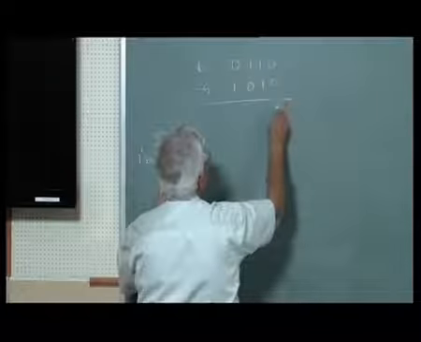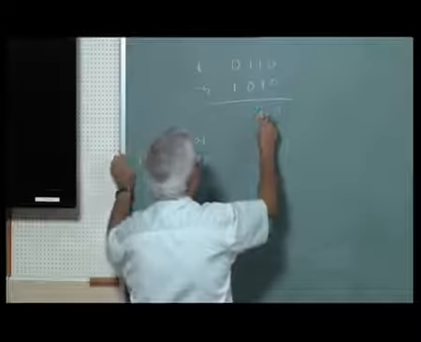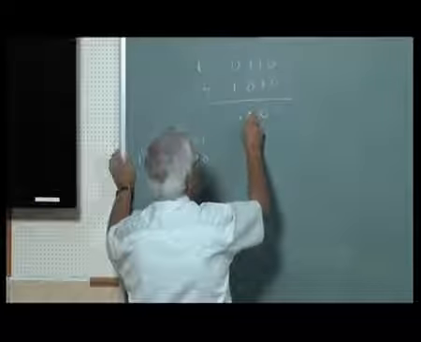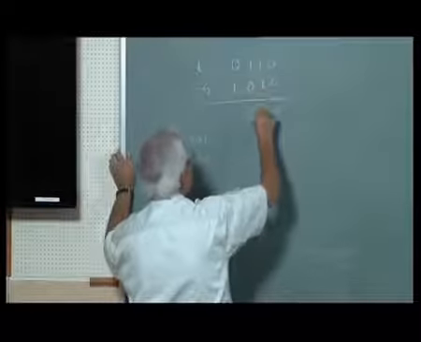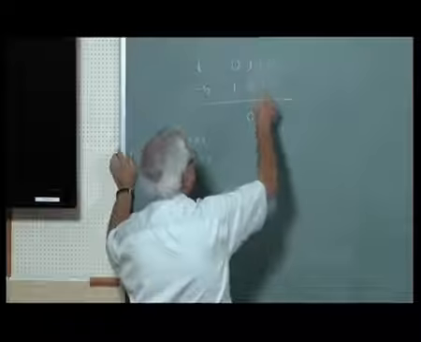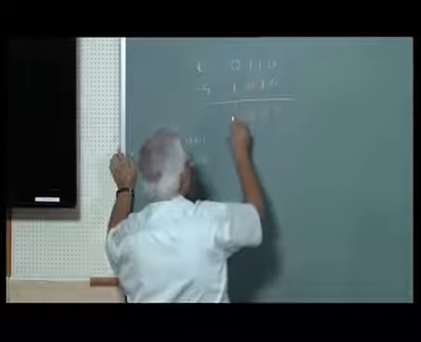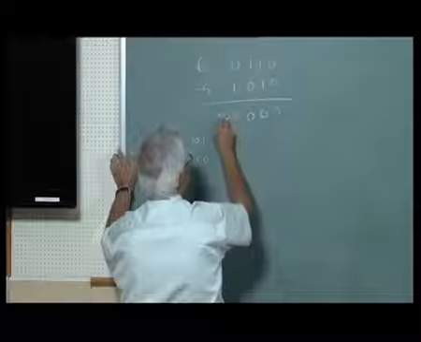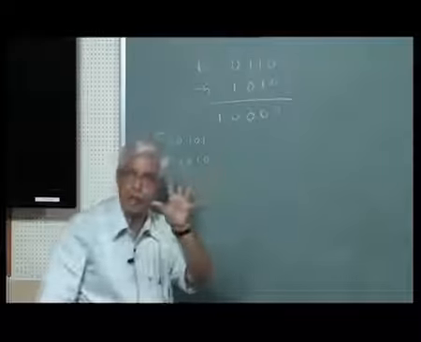Add them. This is one's complement addition. I'm adding this. 1 plus 1 is 0, with a carry. And the overflow is here, a 1. This is called end around carry.